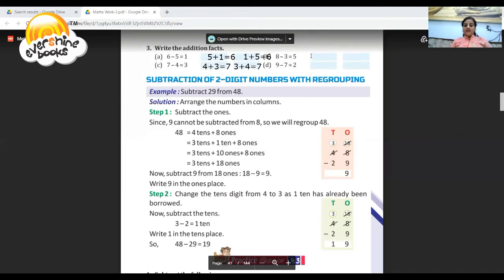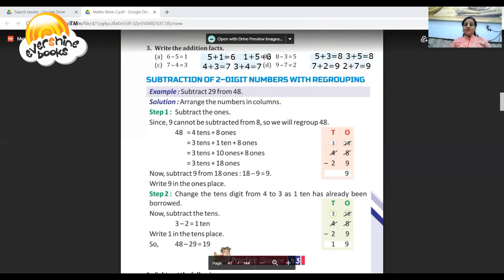It means 5 plus 3. 5 plus 3 is 8. And 3 plus 5 is also 8. Next is 9 minus 7 is 2. So 7 plus 2 is 9. 2 plus 7 is also 9.